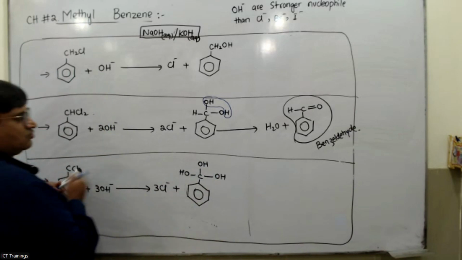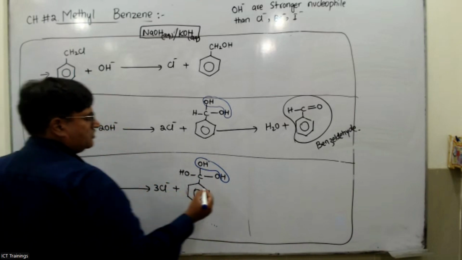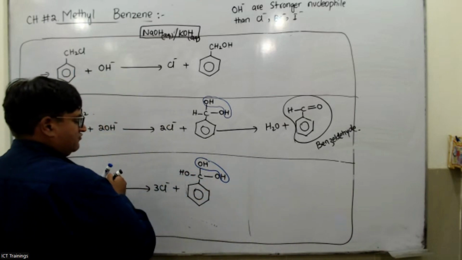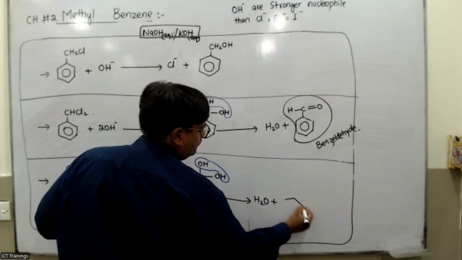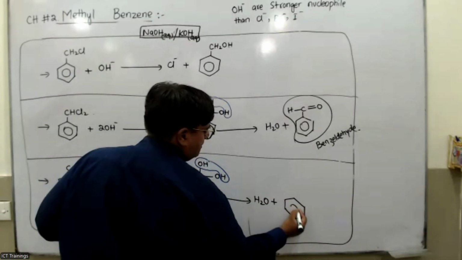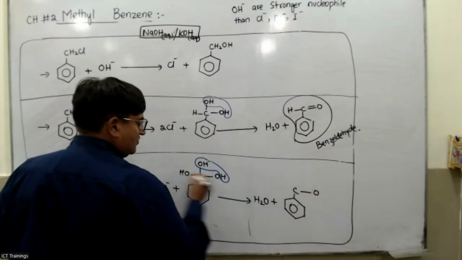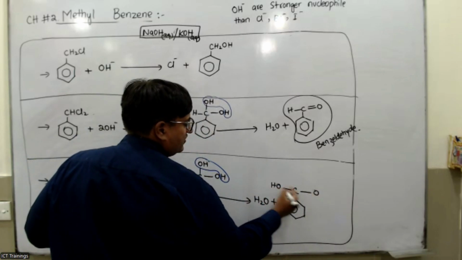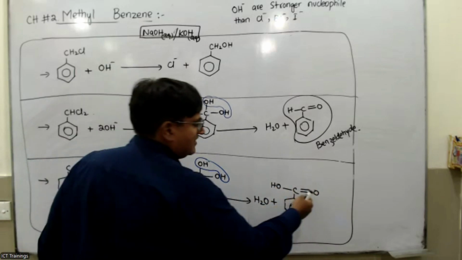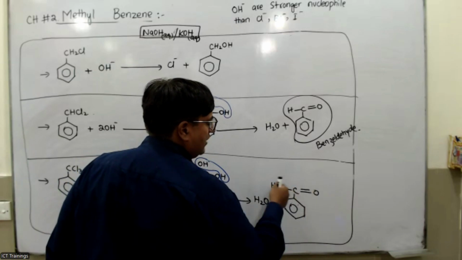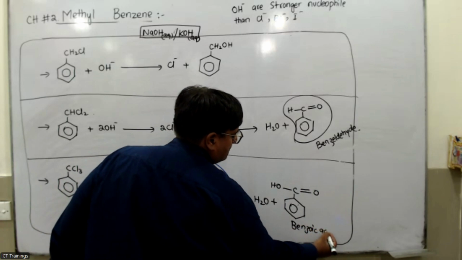The OH and H are going to form water, so you will have H2O. And what you will have at the end: this is benzene, you have carbon, this is O, and this one is OH. With the oxygen, it formed the double bond. This whole thing is the carboxylic acid group, C double bond O and OH. So this thing formed is, my dear, benzoic acid.